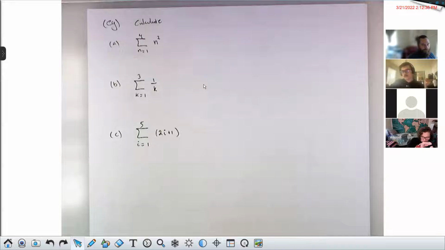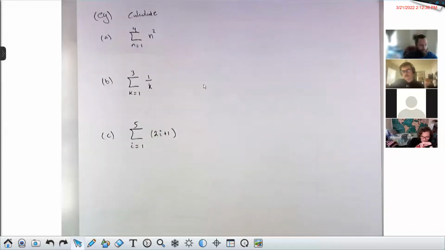All right, just to see how we're feeling about the notation. Remember what the capital sigma here means: add some stuff up. So we're going to have a big long addition problem over here. The stuff that we're adding up is the thing to the right of the sigma. And the n equals 1 down here and the 4 up here tell you what range of n you're going to add up over. So I'm going to be adding up n squared as n runs from 1 to 4. That's how you read this. This is the sum from n equals 1 to 4 of n squared.